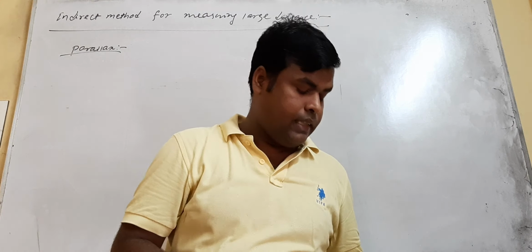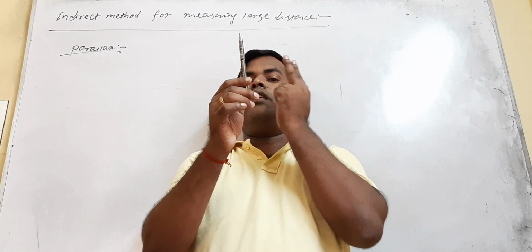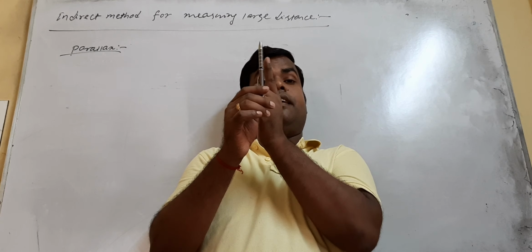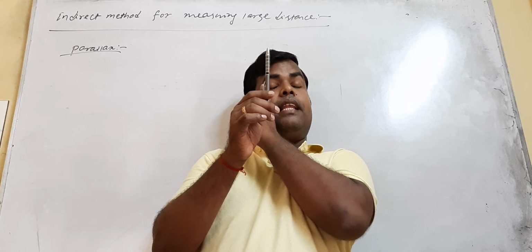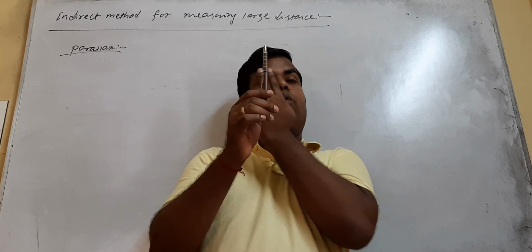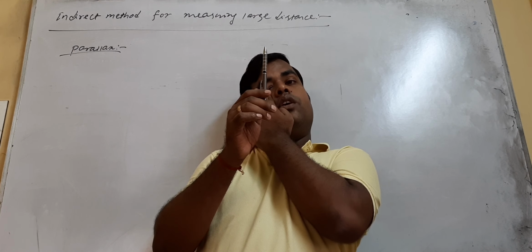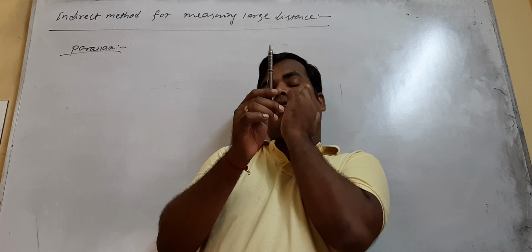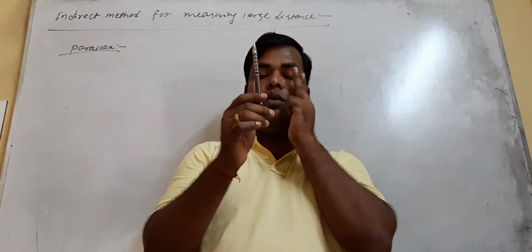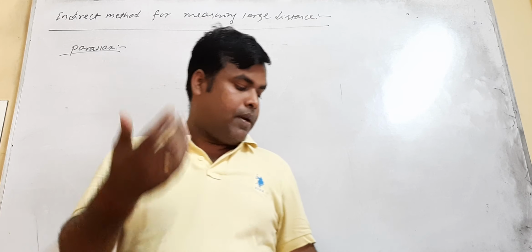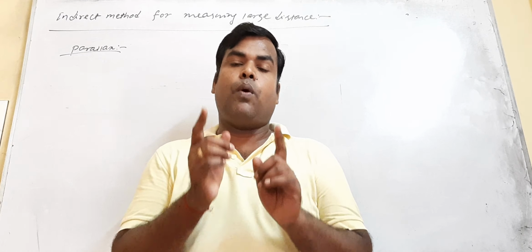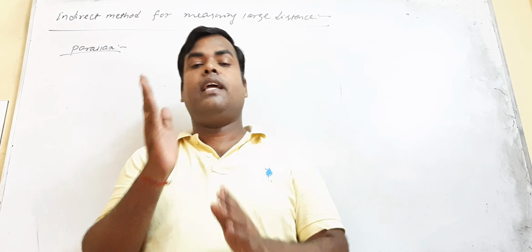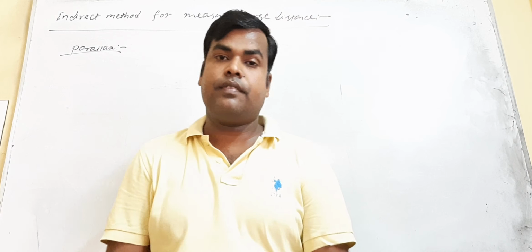Why does this position change? Because when you close the left eye, you are seeing from the right eye. The line of sight is this. When you close the right eye, your observation point is the left eye. Your line of sight is this one. So when you close one eye and see from the other eye, the point of observation changes. That's why the line of sight changes.